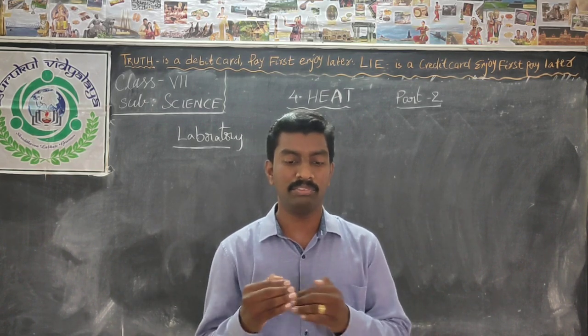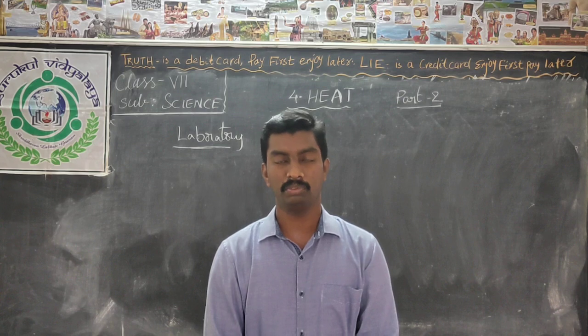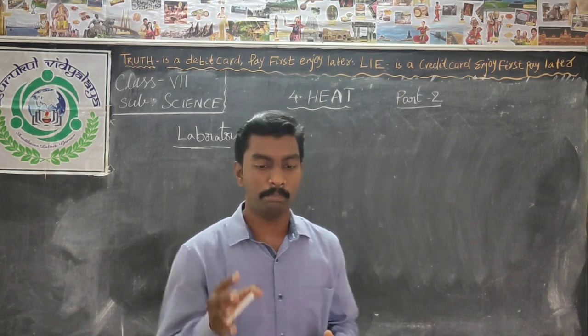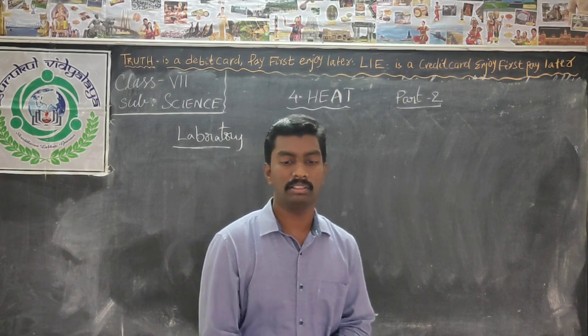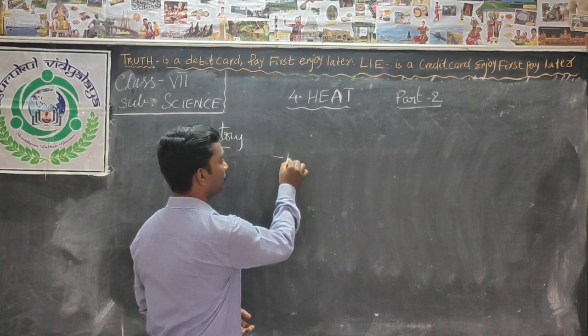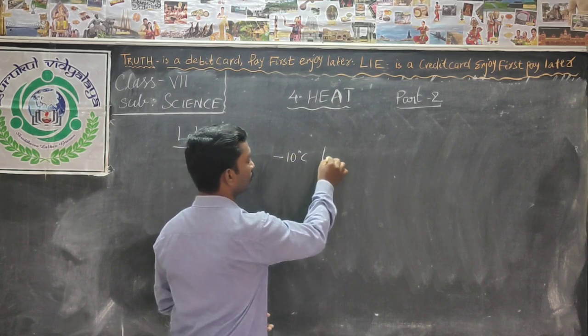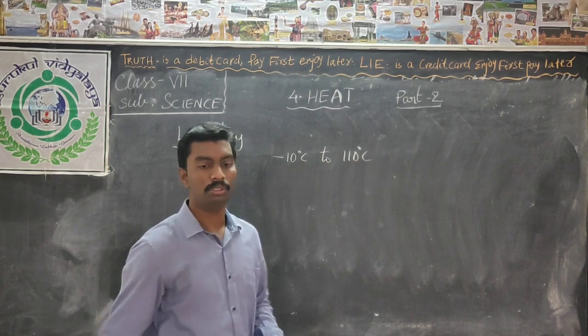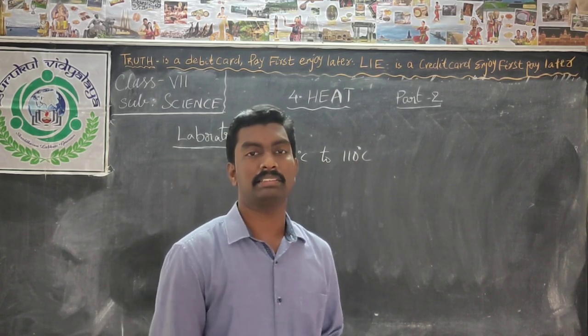So the divisions are there, and we can check how many divisions there are. The range of the laboratory thermometer is minus 10 degrees Celsius to 110 degrees Celsius.